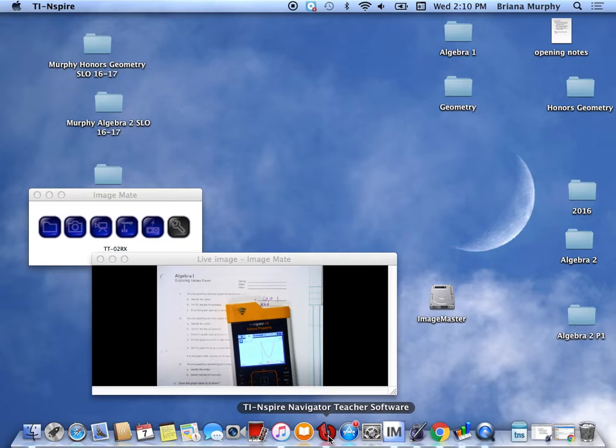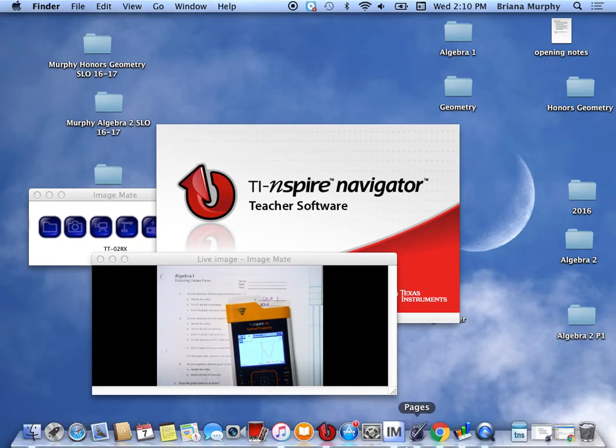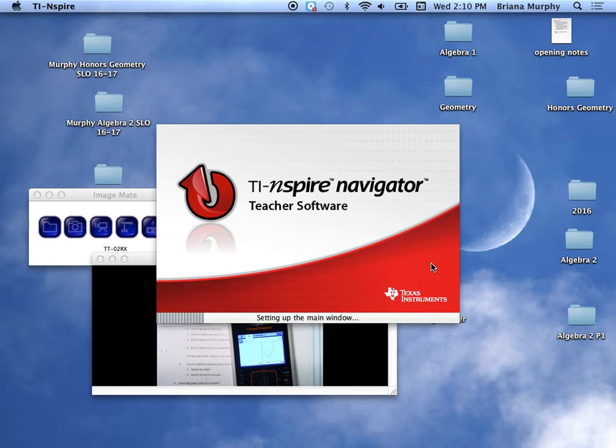Is it opening up or down? What did you do after you click the trace button? The trace button, you can just move it around. Here, this is what I would do.